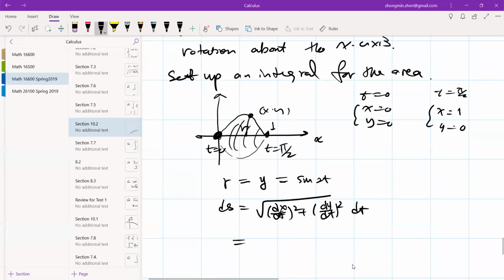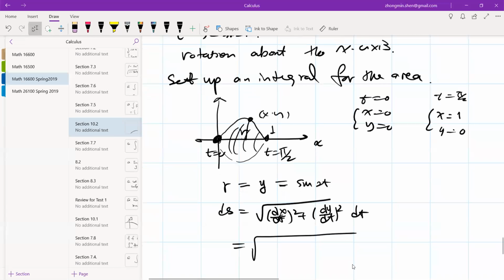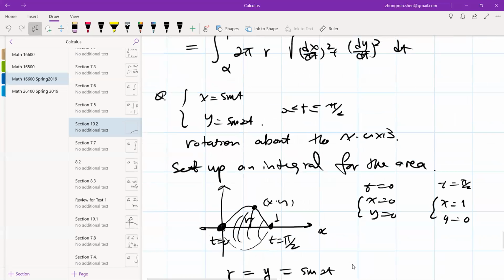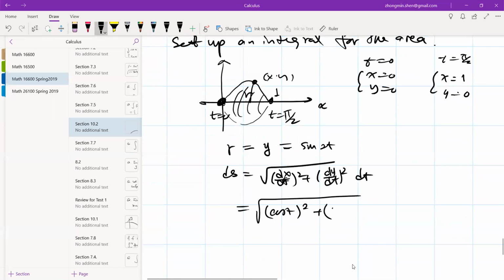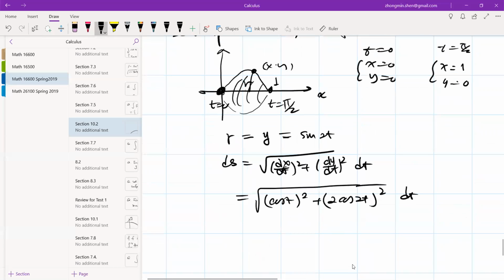Okay, so this is going to be the derivative of x(t). It's going to be cosine t, squared. And the derivative of y(t) will be 2 cosine 2t, squared, dt. Not too bad. So you set up the integral, right?